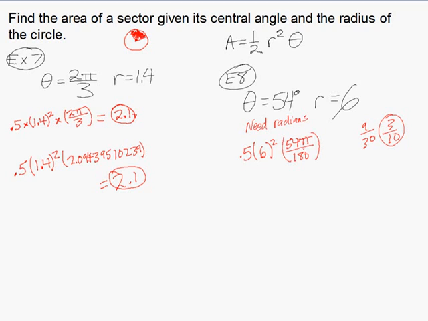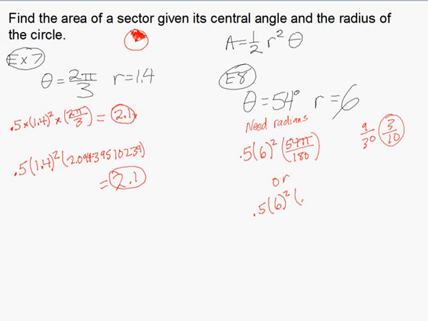You can use this. Or if you figure out the decimal ahead of time, so let me put an or here, it would be 0.5, and then in parentheses 6 squared, and then in parentheses 54 pi over 180, which is how I did it in college, you know.